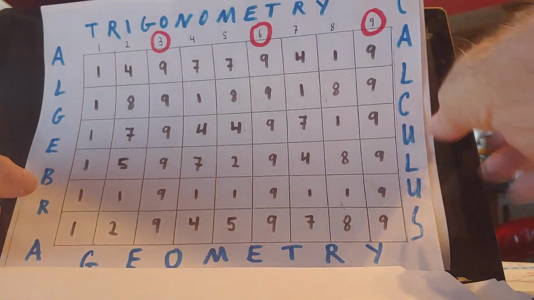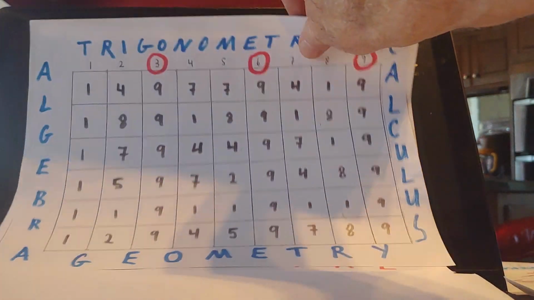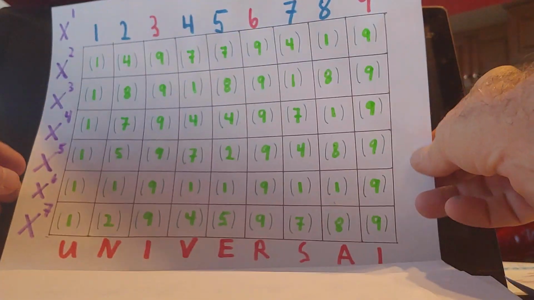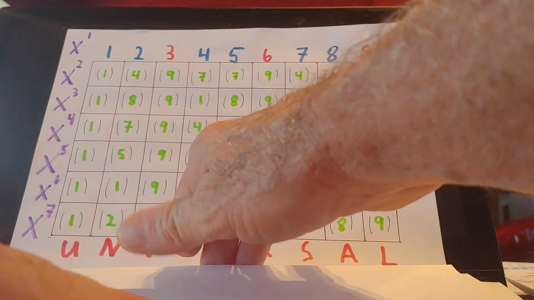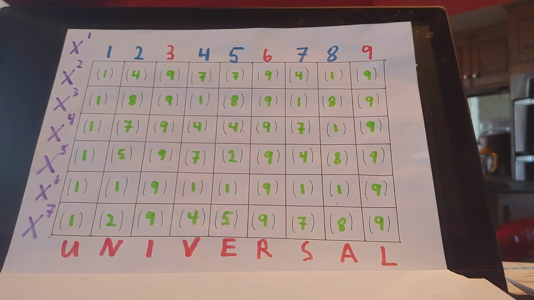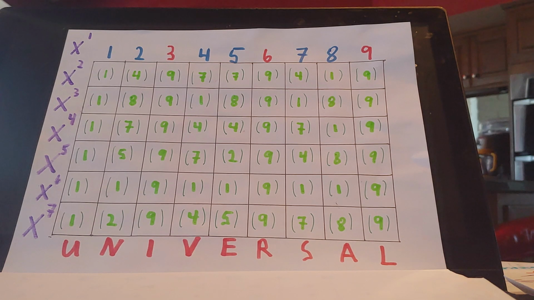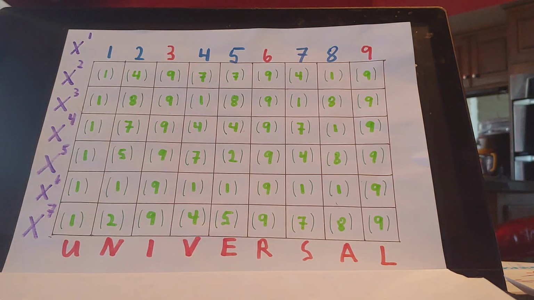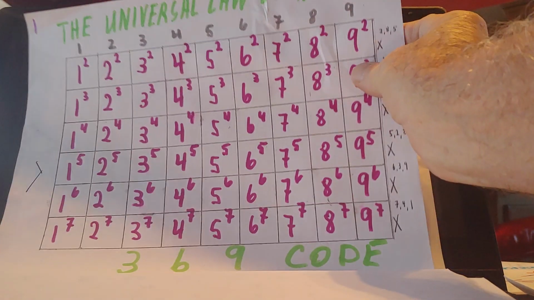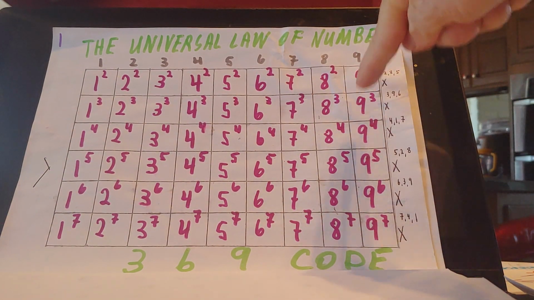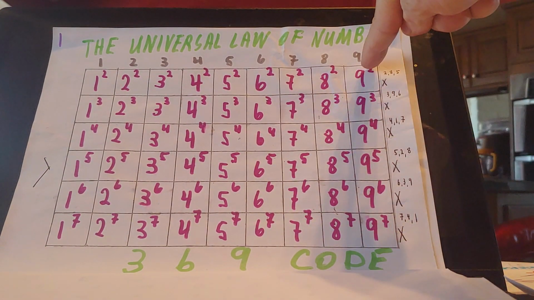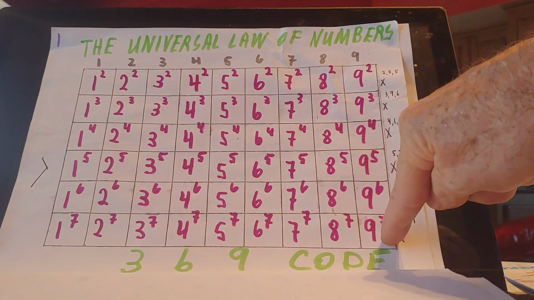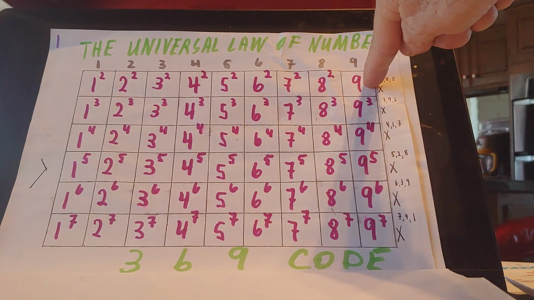It's probably right here in the beginning. That's fine. Okay. So that's a good one. That's the 369 code. And we'll show it with the exponents. That's even better. So that's the 369 code, the universal law of numbers code. And what I'm saying is that these exponents, they're following the 369 code as I demonstrate when I show it to you like this, because it starts at 2 squared, going to the 2 to the 7th, then it's 2 to the 8th, times 2 to, then it's 2 to the 13th, and now it's 2 to the 14th.